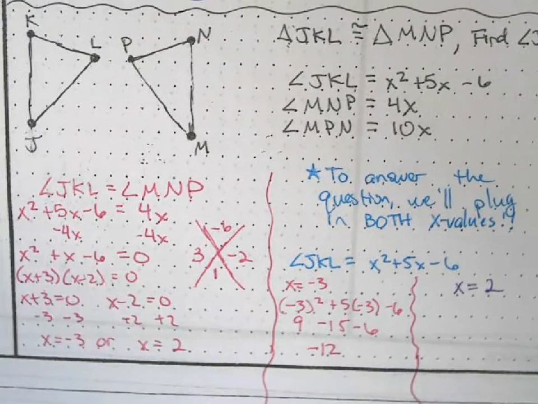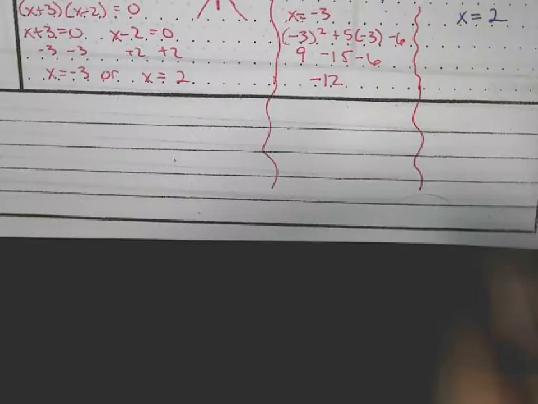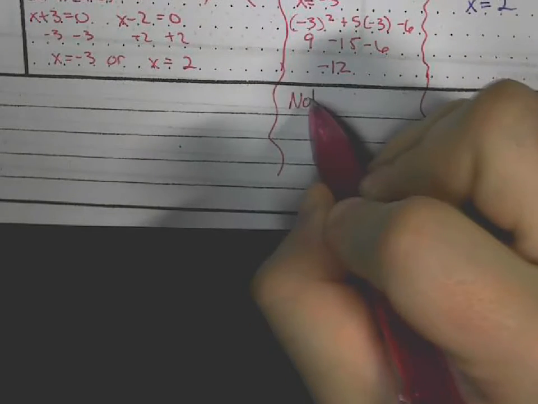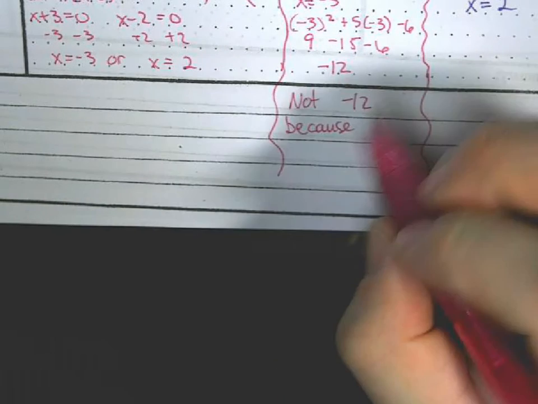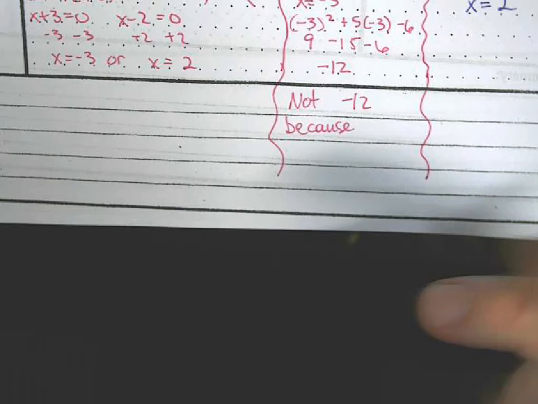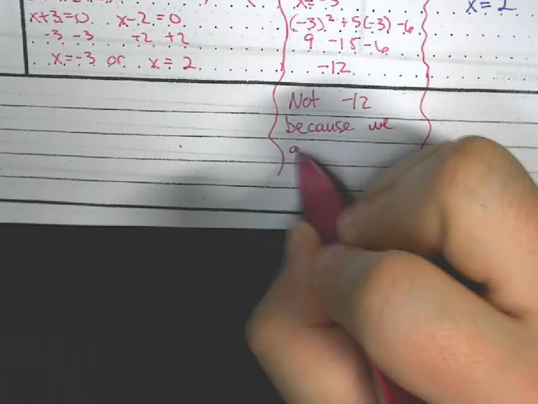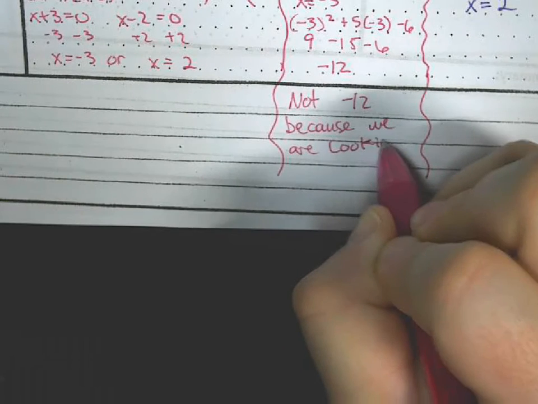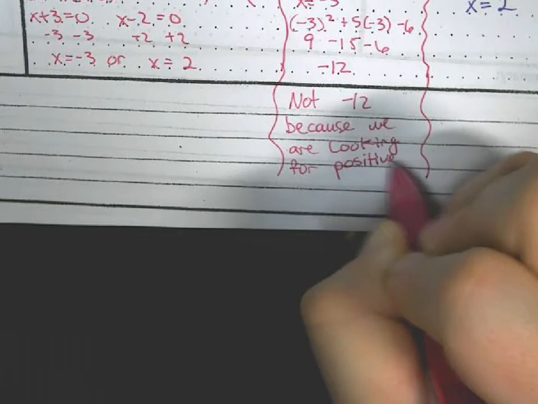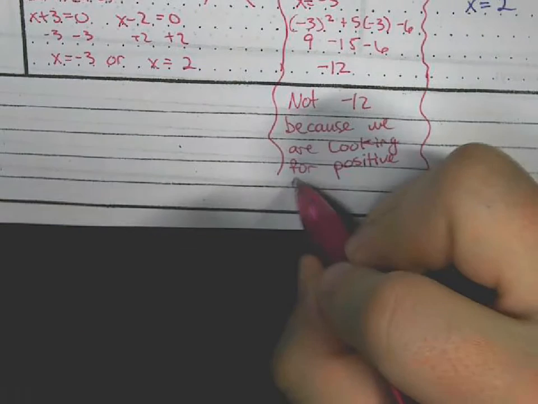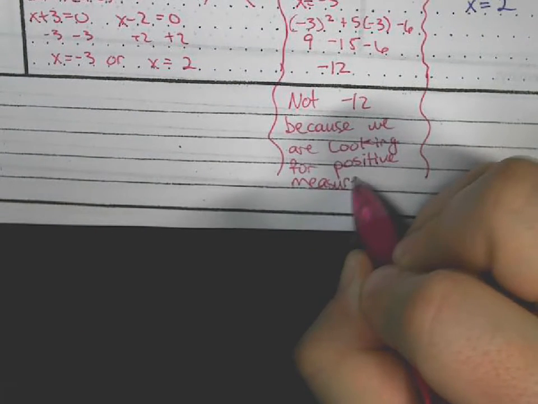This is a distance, so we do not want the negative 12. Because we are looking for positive measurements.